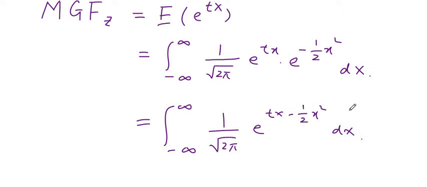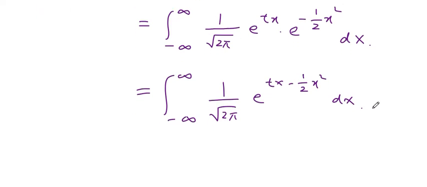For this tx minus half x squared, we just use complete square. So we just put this as a negative half x squared and minus 2tx. We just take a negative half outside.